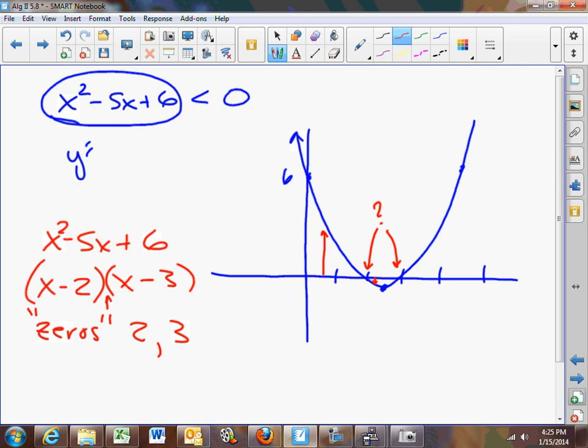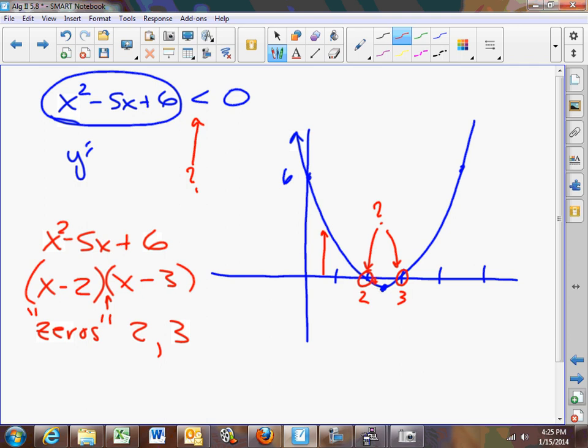Now, if you look up here, do we want the values where it's 0? No, we don't. So we would put an open circle at 2 and an open circle at 3. Now, we then say, do we want the part of the parabola that's above the x-axis? That would be when the parabola was greater than 0. Or do we want the part where it's below?